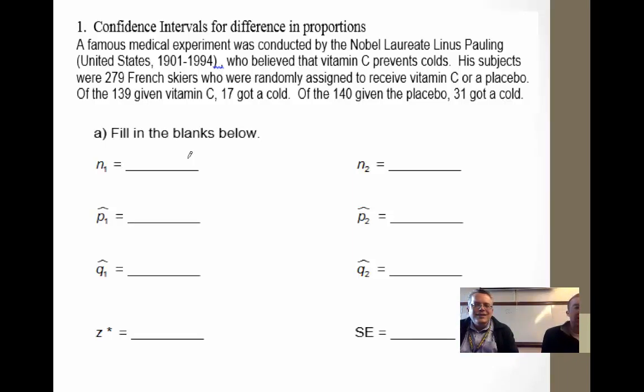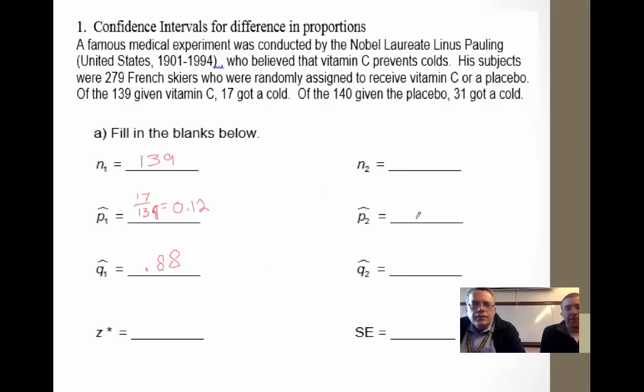Okay, so let's do the vitamin C people first. There's 139 given vitamin C, so 17 out of 139. What would that be, Mr. Miller, who has a calculator in his hand? 17 out of 139 is 0.12, so 12% got a cold, and 0.88 didn't.